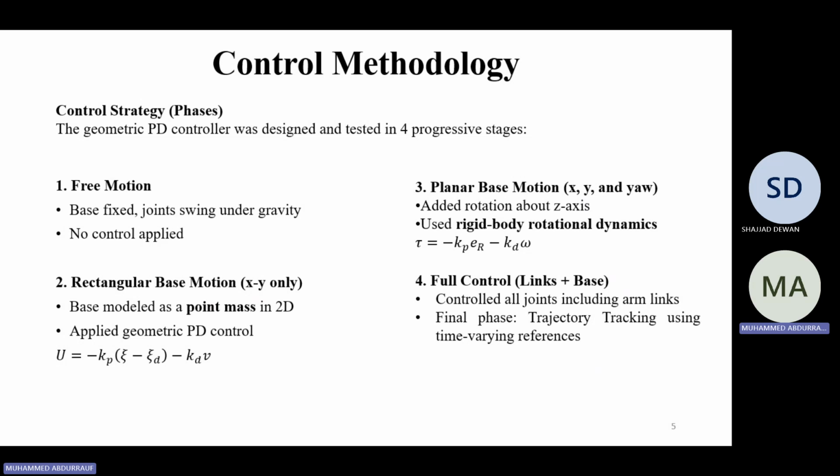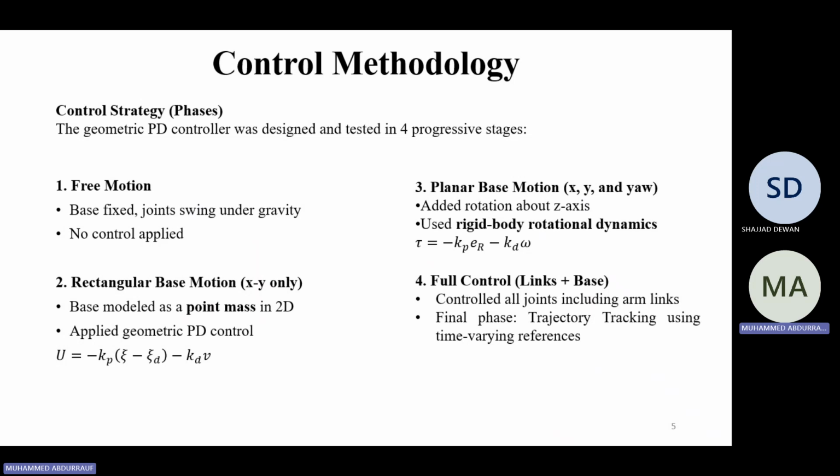The next scenario is to assume a rectangular base motion, model the base as a point mass, and apply a geometric PD controller in R3.